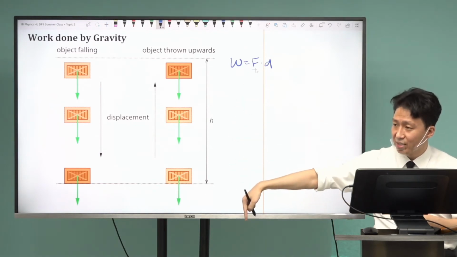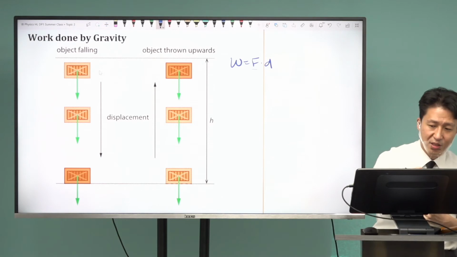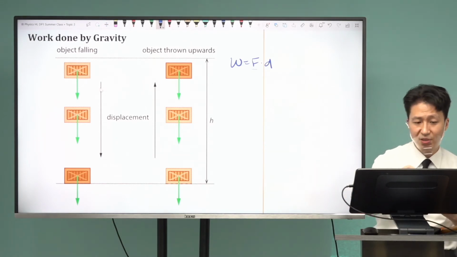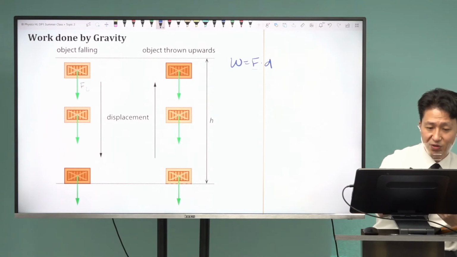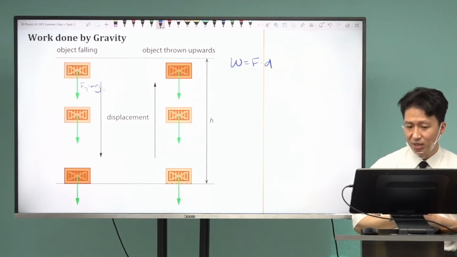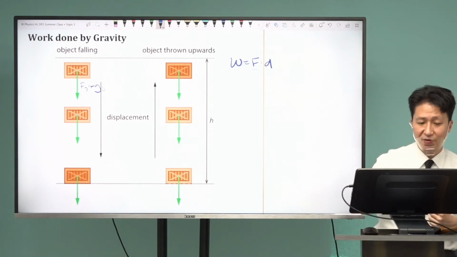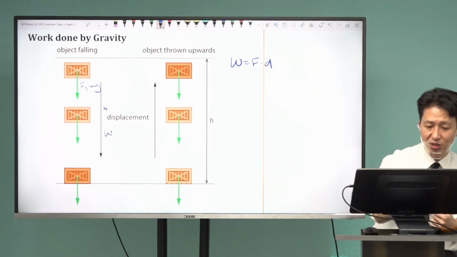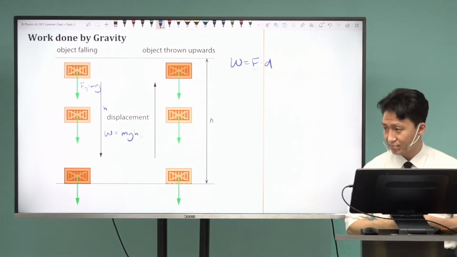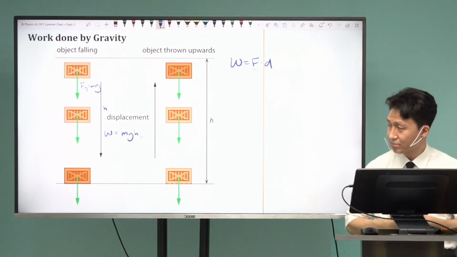In the object falling, this work done is going to be the mass times, first of all, the gravitational force is mg, right? If it falls through a height of h, then the work done is, of course, mgh, right?